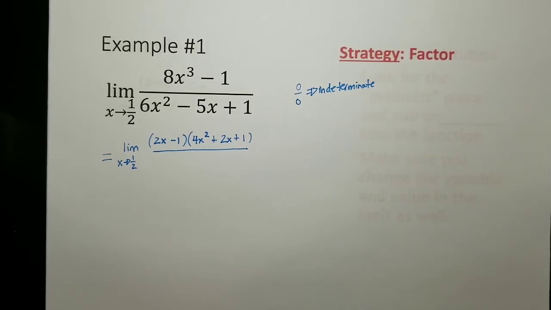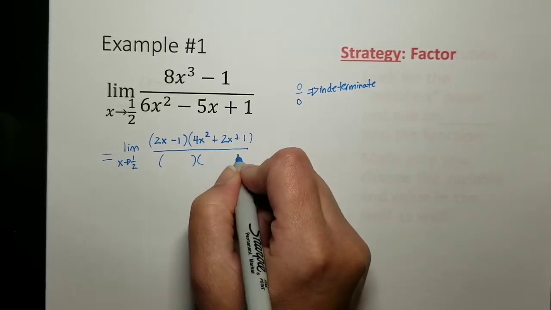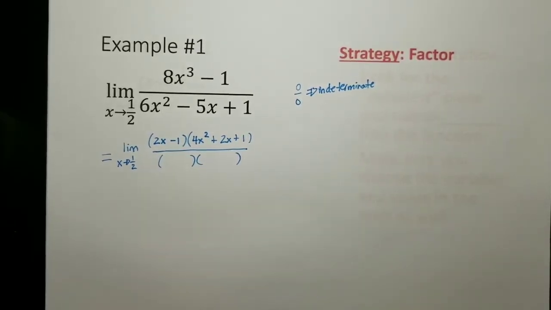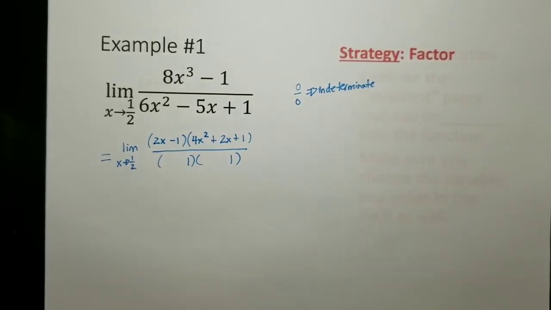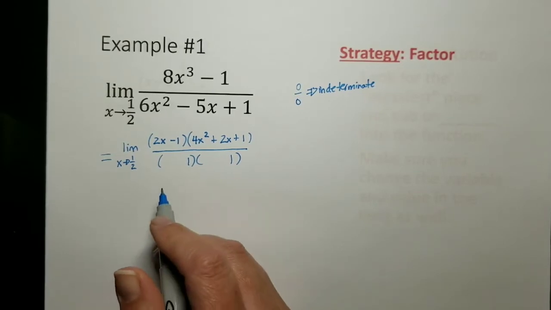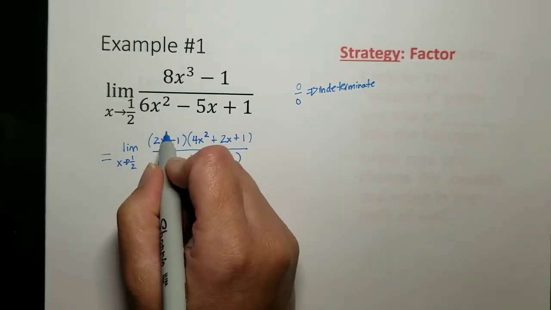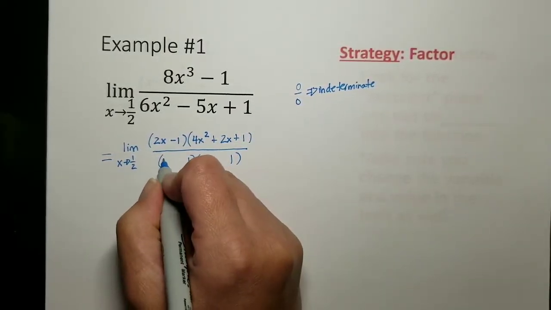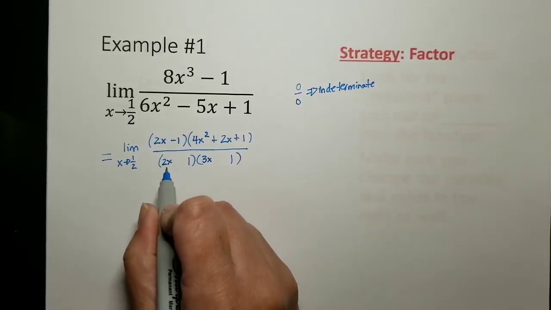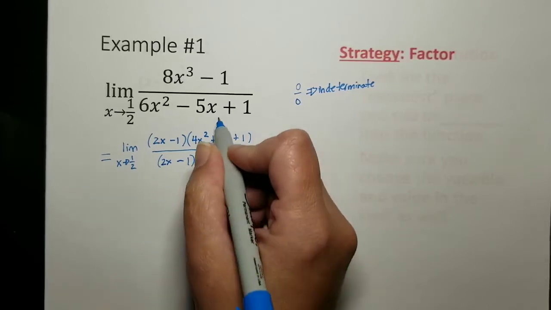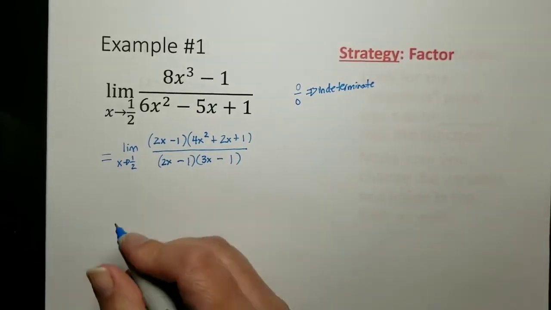And then I'm going to factor the bottom, whichever way you're used to factoring here. I'm going to assume that that's going to be 1 and 1. And actually, looking ahead, I know I'm going to want to factor that, so I'm going to try 2x and 3x, and then these would both have to be negative to make the -5 in the middle.